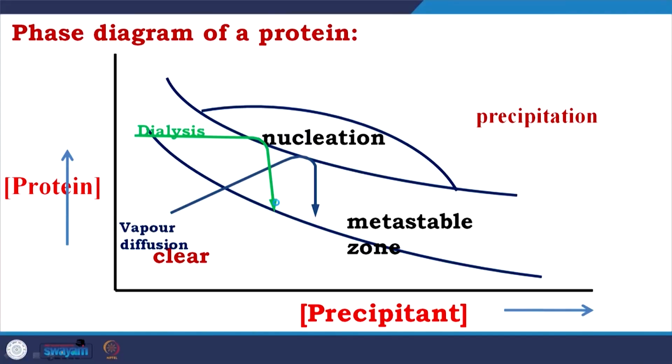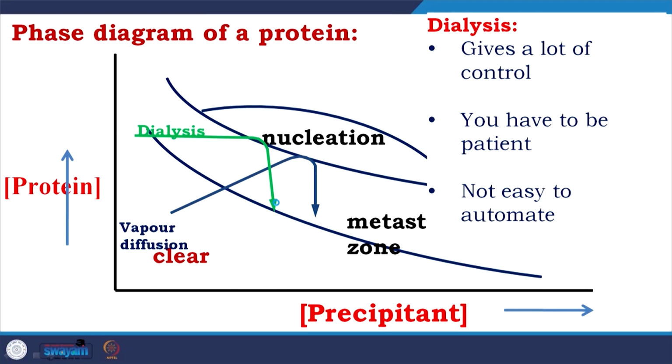Dialysis gives a lot of control, but you have to be patient, and it is not easy to automate. Today there is a time of automation, as I was saying about high throughput systems, and if you are thinking about that, dialysis is not your choice.